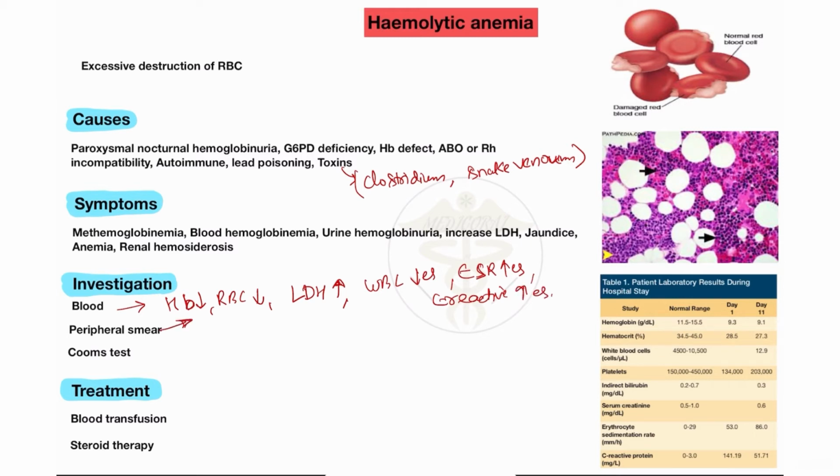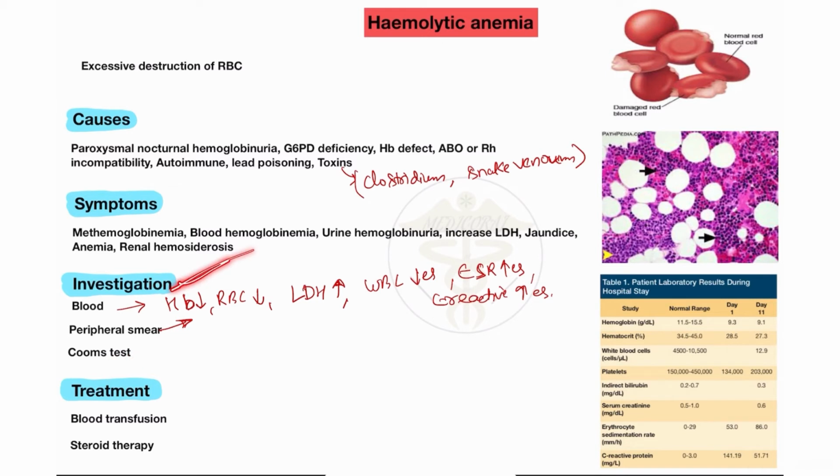So you will see an increase of the ESR value and C-reactive protein in the patient of the hemolytic type of anemia. Also Coombs test, please learn this also. Coombs test is used for the investigation of hemolytic type of anemia.